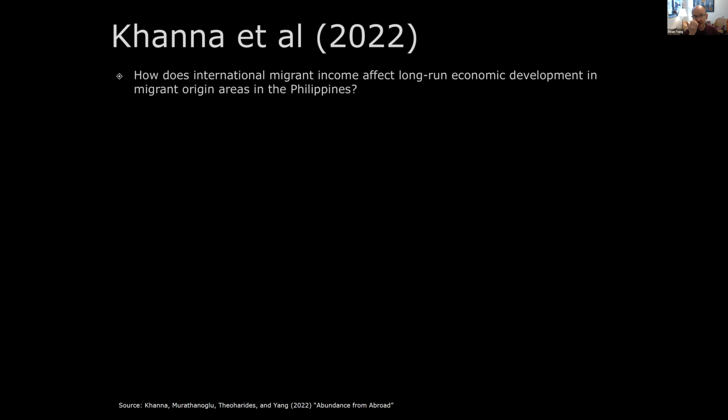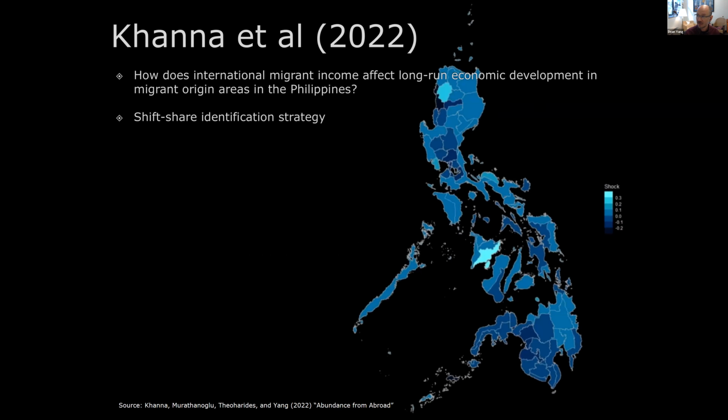So this brings us to the last paper I want to talk about, a paper with Gaurav, as well as Emir Murathanoglu and Caroline Theoharides. And in this paper, we ask, how does international migration income affect long-run economic development in migrant origin areas in the Philippines? So we use a shift share identification strategy.